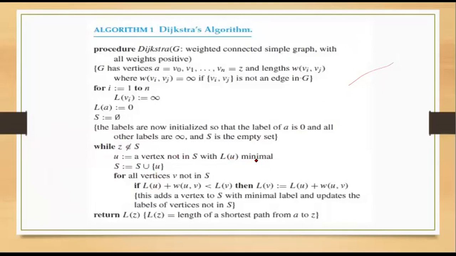If the distance or weight is minimal, then we add it to the set S, and we check which other vertices we can traverse to using that vertex and update them. So this adds a vertex to S with minimal label and updates the labels of vertices not in S. When we keep repeating this until all the vertices are added in S, it returns the length of the shortest path from A to Z.